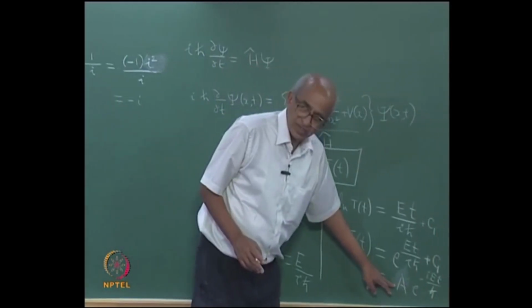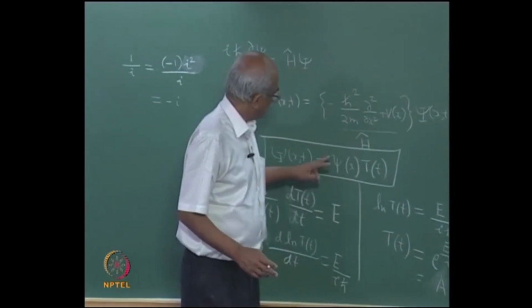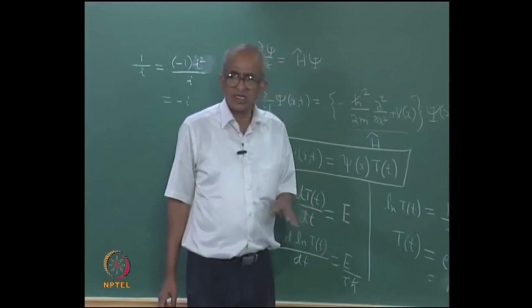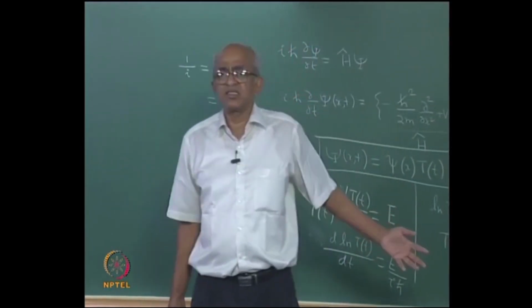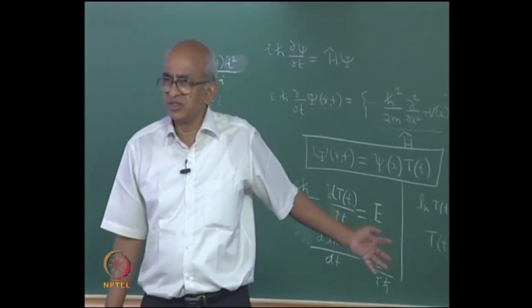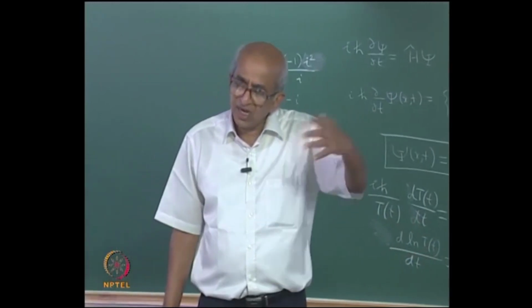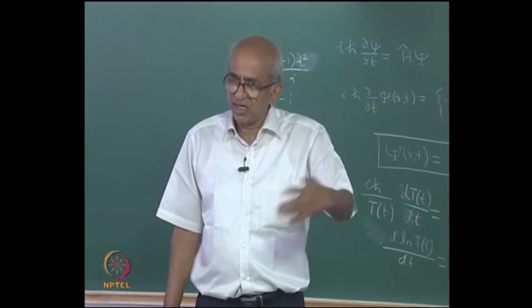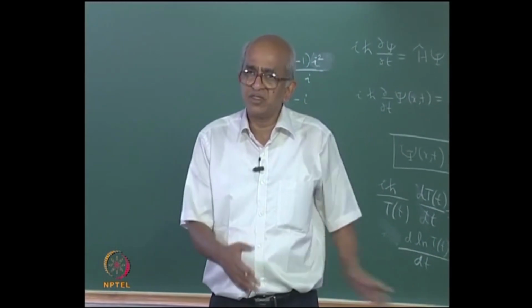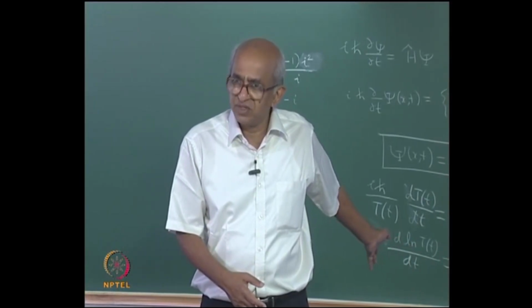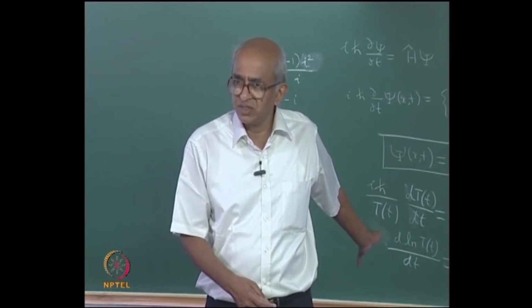The functional form is written here. Now, what about small psi? The only condition is that small psi has to be an eigenfunction of H. If there are several possible eigenfunctions, then each one of them is going to give me a solution of the original time dependent Schrodinger equation.